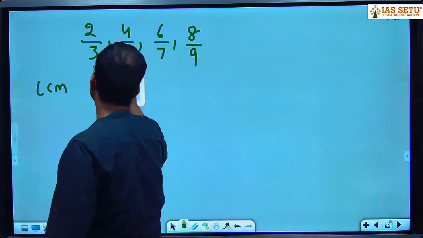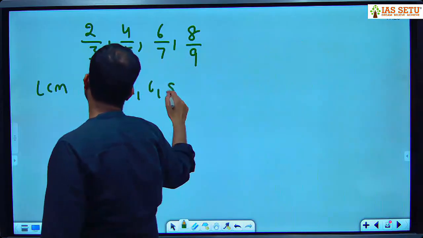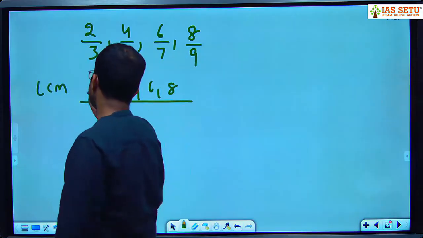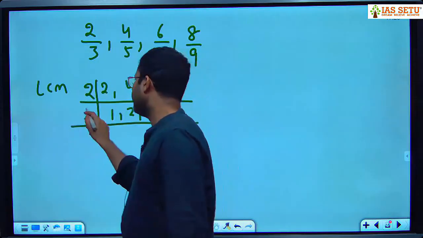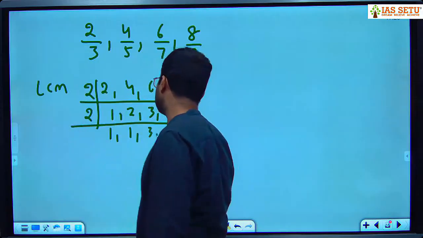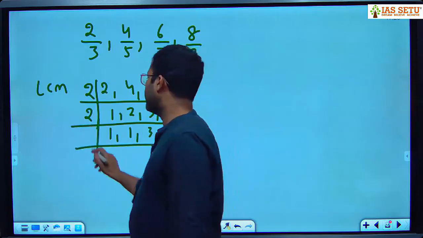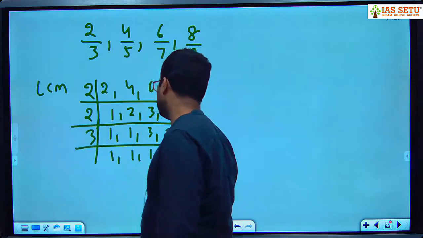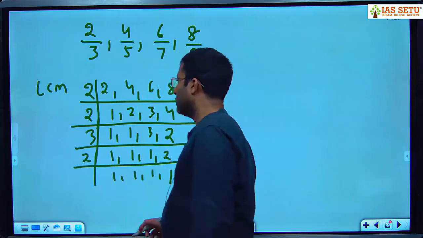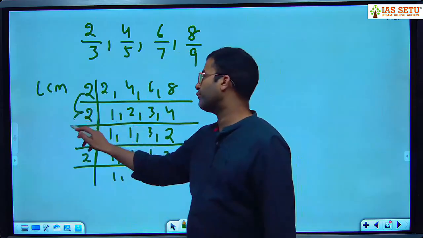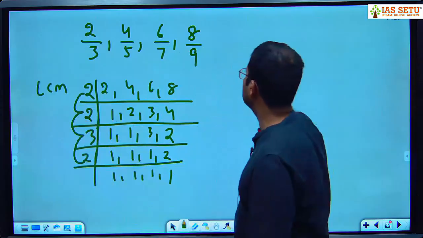This is 2, 4, 6, 8. We take 2 common, 1, 2, 3, 4. We take 2 common, 1, 1, 3, 2. Take 3 common, 1, 1, 1, 2. Take 2 common, 1, 1, 1, 1. So this is 2 into 2, 4, 4 into 3, 12, 12 into 2, 24.